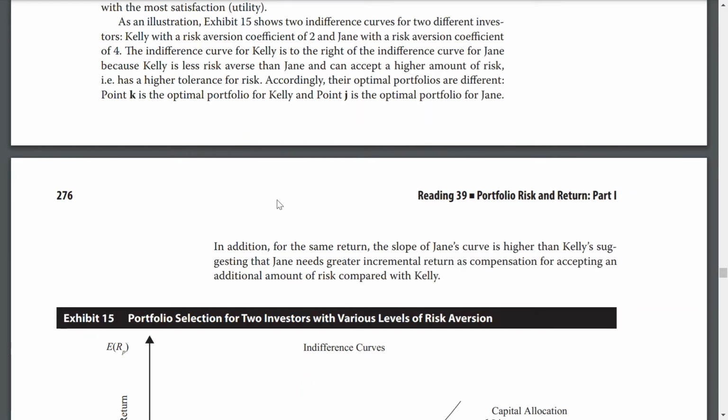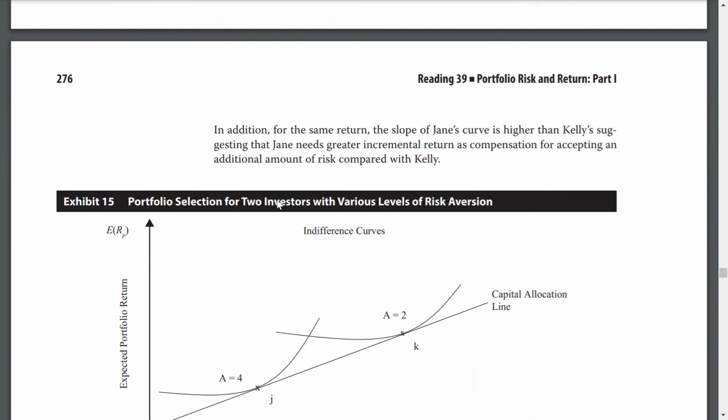Accordingly, their optimal portfolios are at different points. Point K is the optimal portfolio for Kelly, and point J is the optimal portfolio for Jane. In addition, the slope of Jane's indifference curve is higher than Kelly's, suggesting that Jane needs greater incremental returns as compensation for accepting an additional amount of risk compared to Kelly.